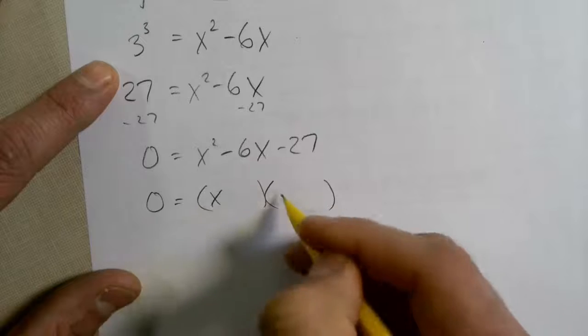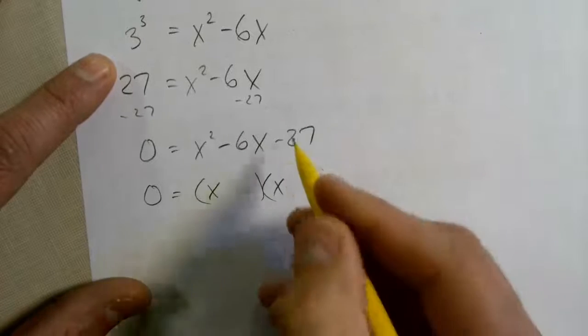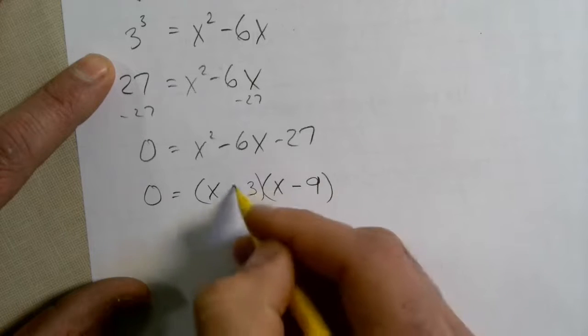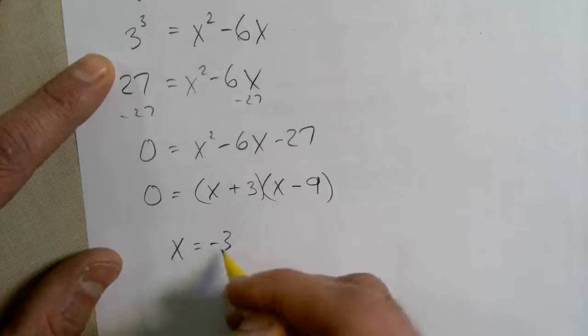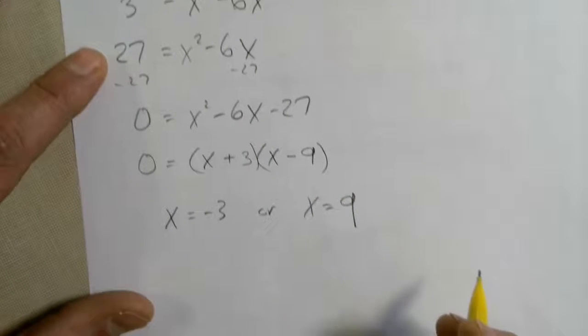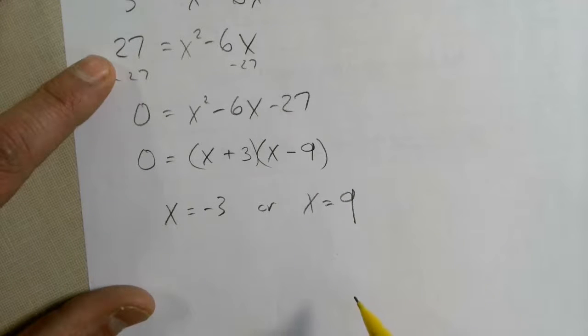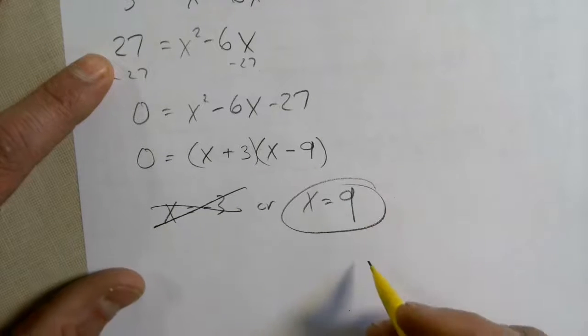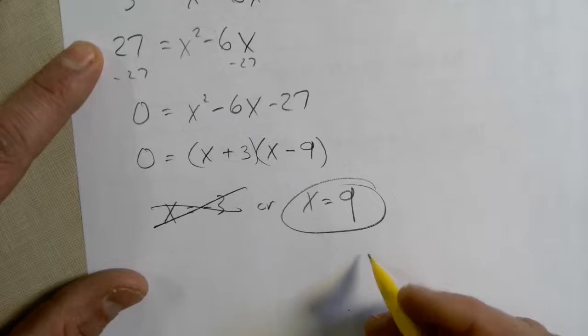And this one they gave us an easy one. We don't have to use the formula. 9 and 3. So this will be minus, and that'll be plus. So x equals negative 3, or x equals 9. Now, a log can never have a negative answer. Only positive are legitimate. So x equals 9. We figured it out. Yes.